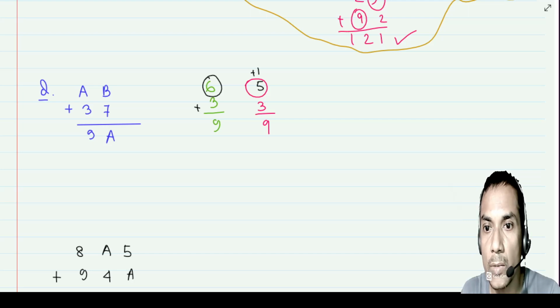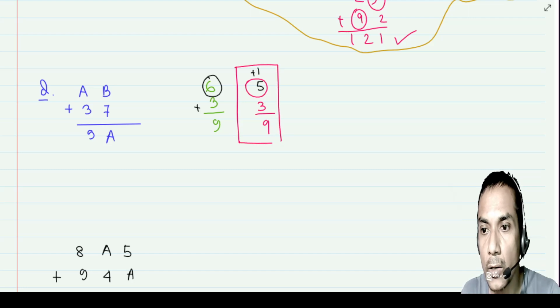This is also possible. So on the left side two possibilities are there, whether A is 6 or 5. Suppose I consider the second part, and check whether it satisfies or not. Consider A as 5.